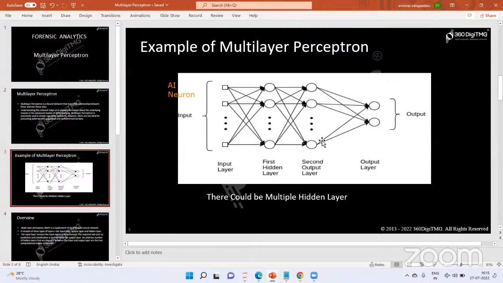Now there is one more concept here, the activation function. The activation function is nothing but what activates neurons. Suppose, when will the neurons be activated? We can take an example from real life.